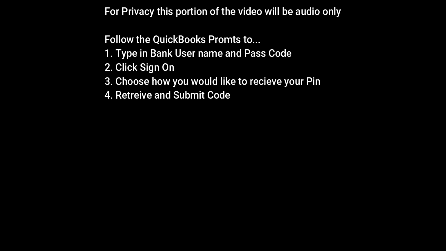So we click on that so they can send me a PIN, and then click Get Code. You can be following along with me. Now Wells Fargo has sent that. I'm checking my phone for my code, and you just put your code in and click Submit.